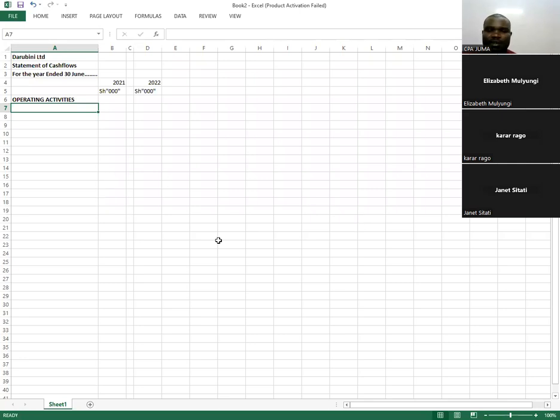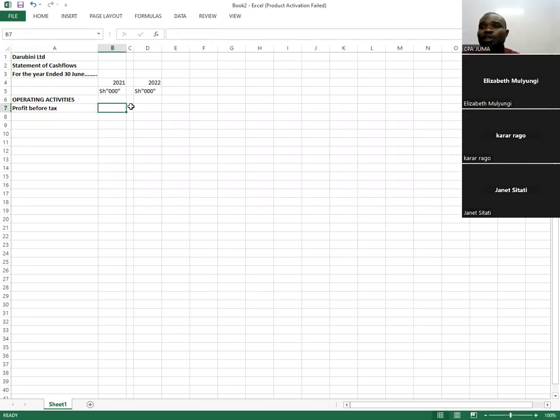From our format. Yeah, I can see Karar, Bilha. We start with profit before taxation. That is correct. So once you write the operating activities, you start with the profit, and kindly try to write in full, profit before tax.